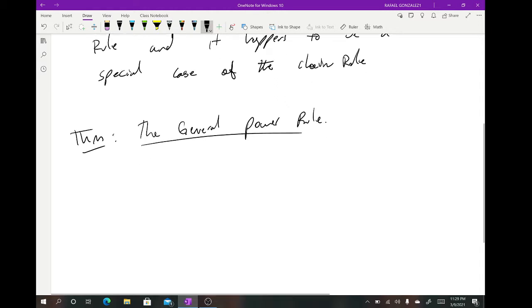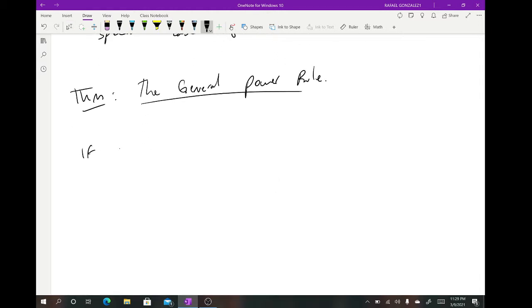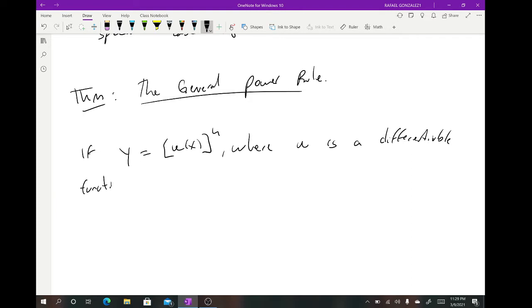Okay, so if you're given y equals u of x to the power n, where u is a differentiable function and function of x, and n is a real number, then the following is true.